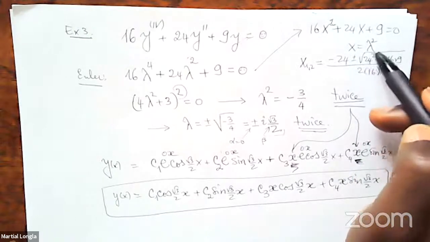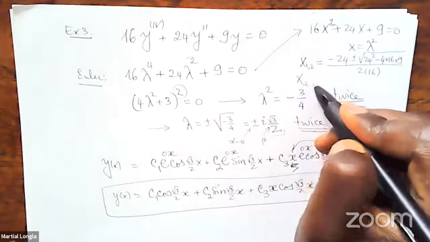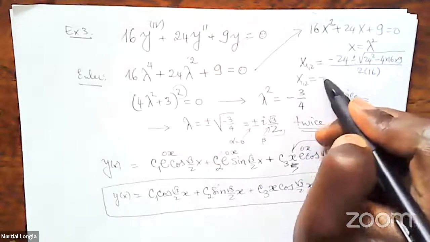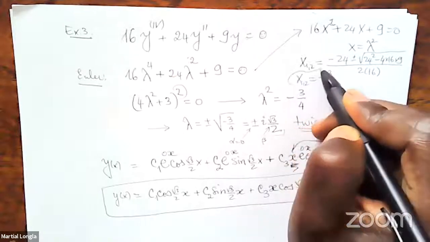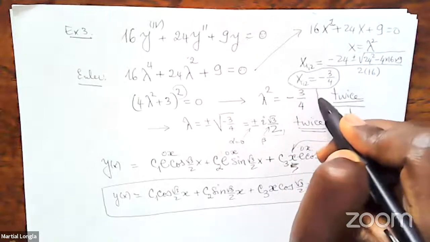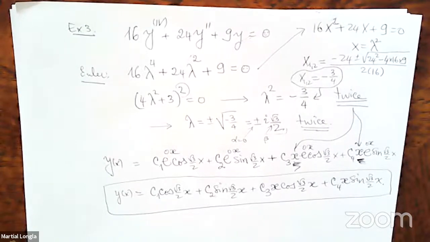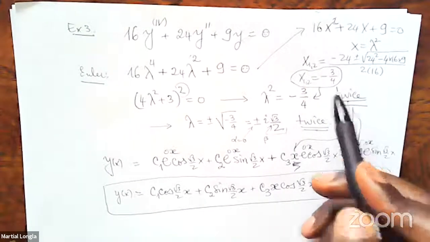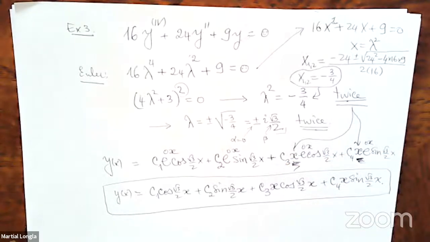And this thing here is 0. So you get that x 1, 2 equals minus 3/4. That's the same answer we got here. And that's why it's written twice, because we got 2 equal solutions using the quadratic.